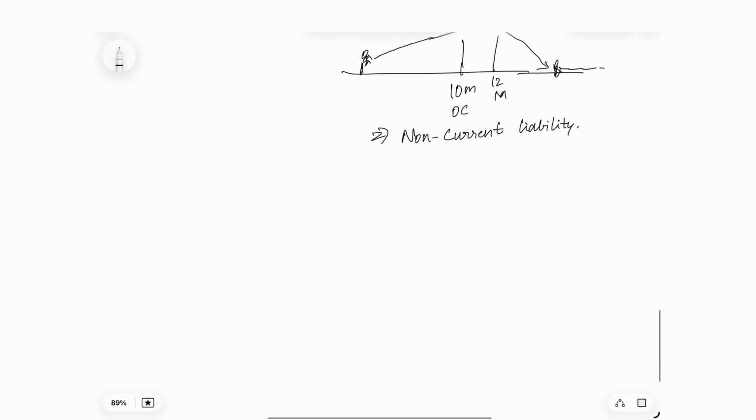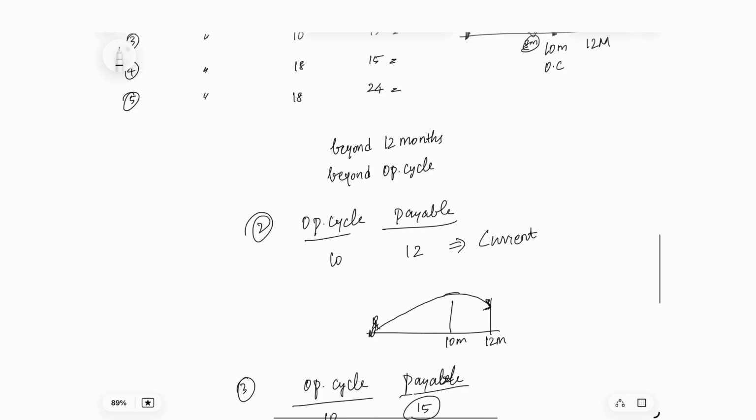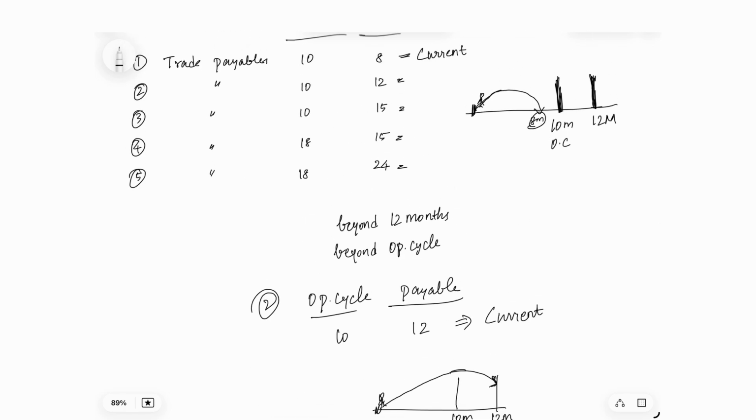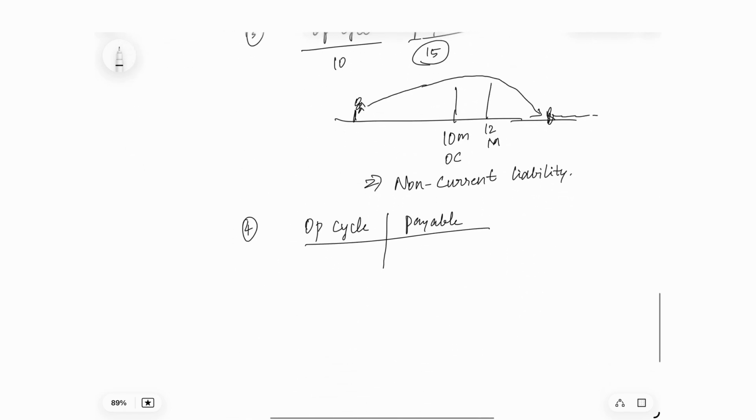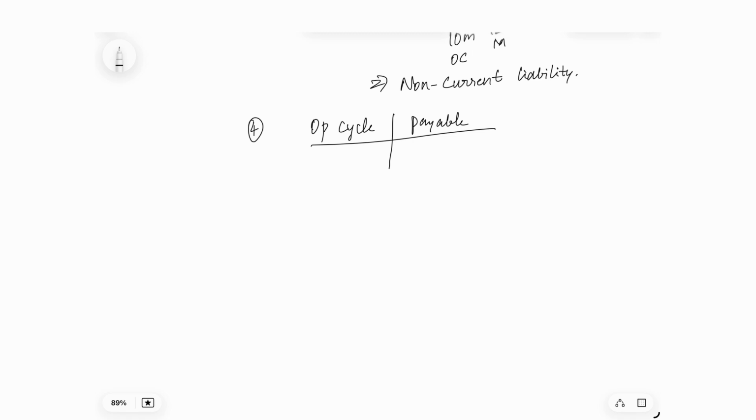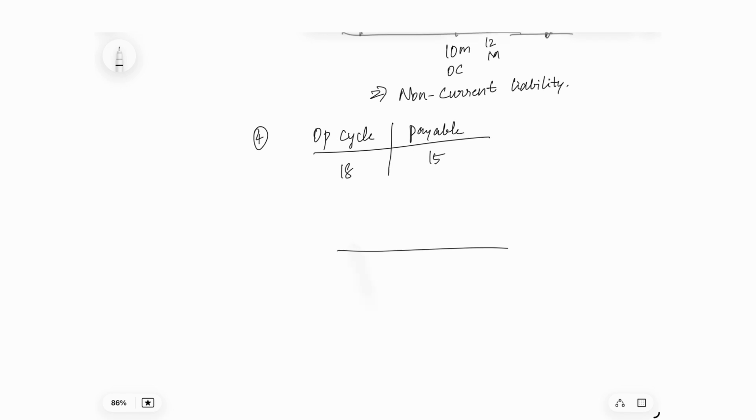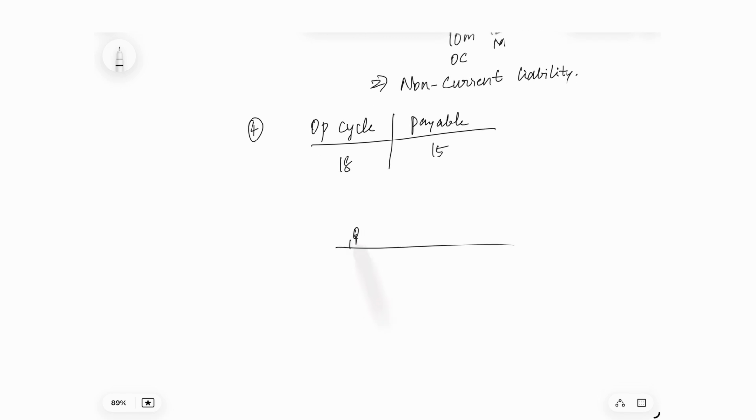Okay, let's talk about the fourth scenario. Operating cycle is 18 months, amount is payable in 15 months. Again, same prisoner wants to escape.